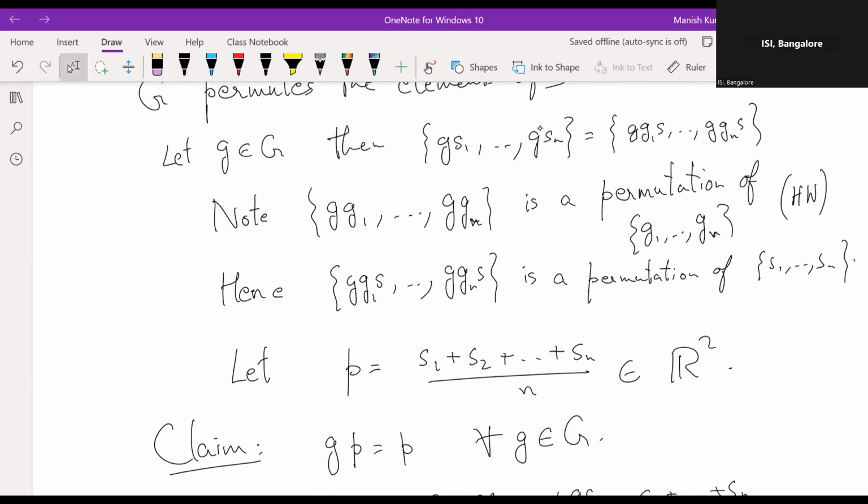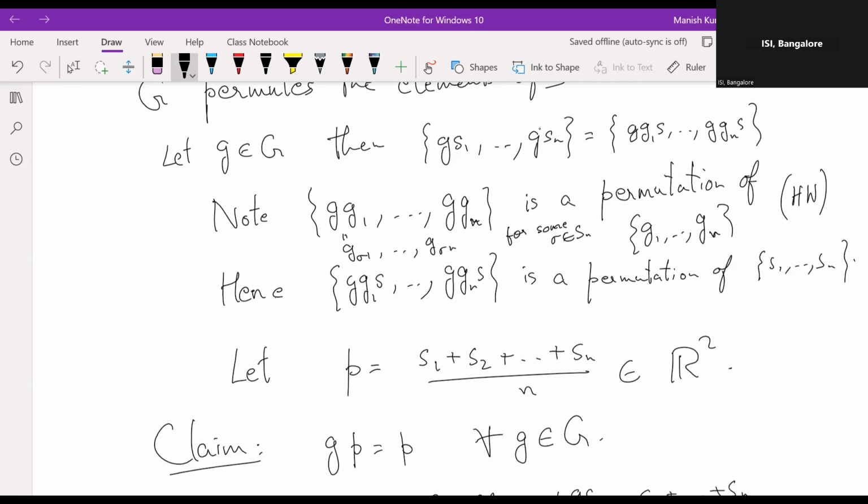So this GS1 to GSN is a permutation of S1 to Sn. That part you agree, right? So this is going to be G sigma 1 to G sigma N for some sigma, a permutation from N to N, a sigma in Sn, if you like, the permutation of n elements.